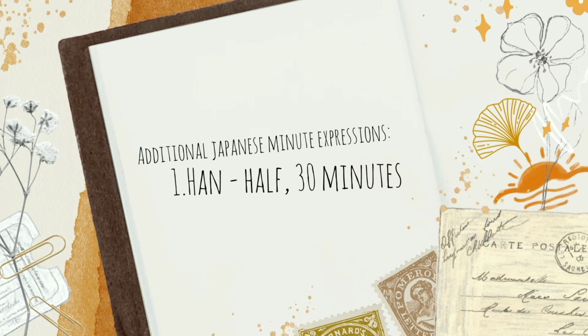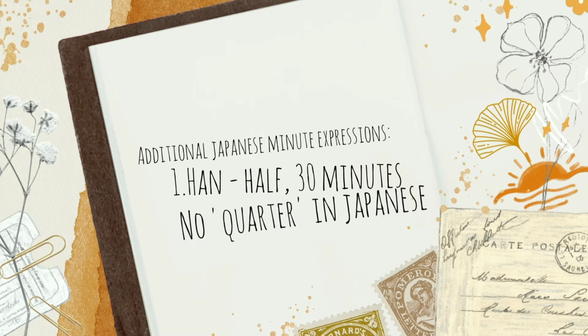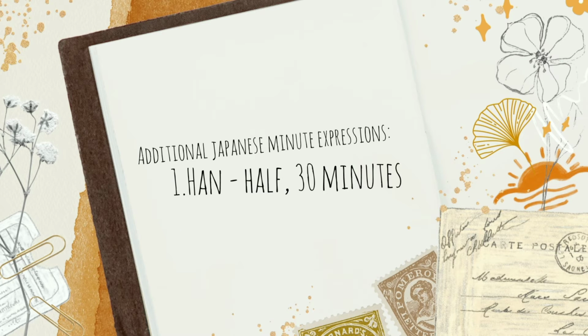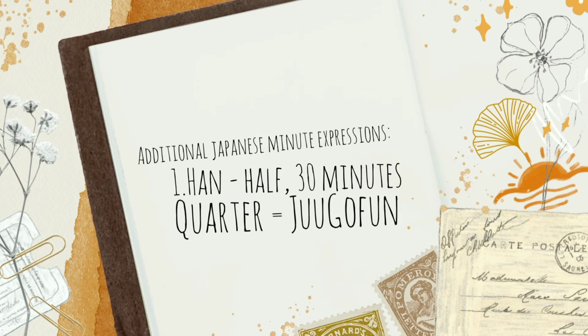To express 30 minutes past o'clock in Japanese, just add the word han, meaning half, after the number. There is no particular word for quarter when telling time in Japanese. It's simply 15 minutes or juugo fun.